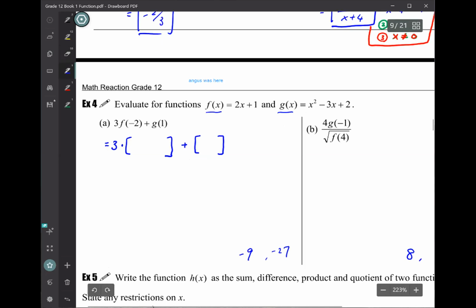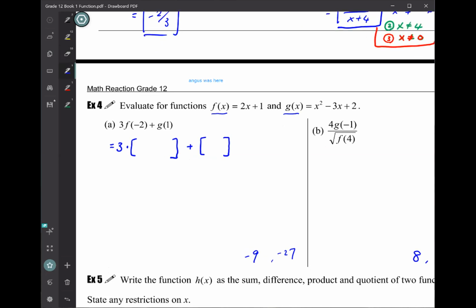Okay, let's go over question A. So we have 3 times f of -2. So I'll show the step, right? So 2 times -2 plus 1, and g of 1 is 1 squared minus 3 times 1 plus 2, right? So you also need to learn how to show steps too. So you plug it in.